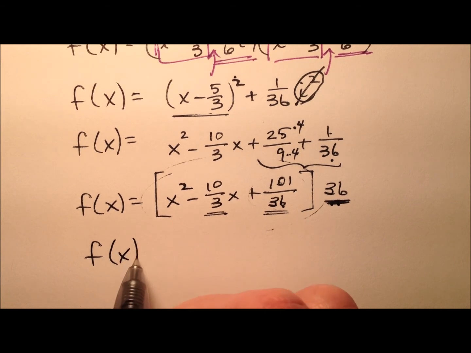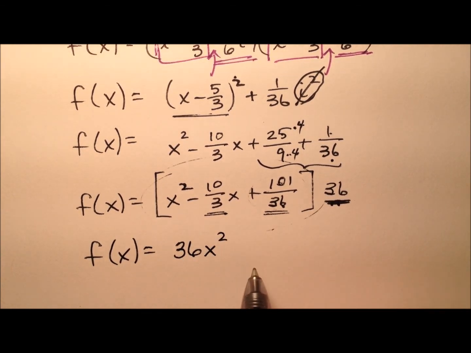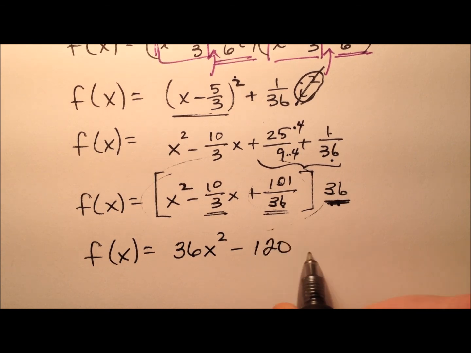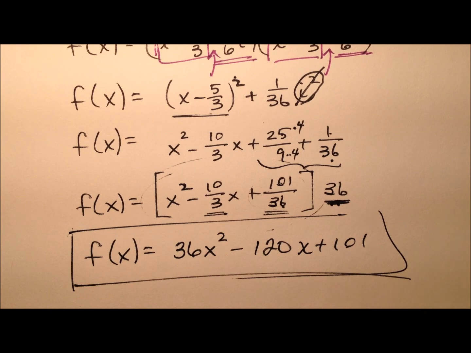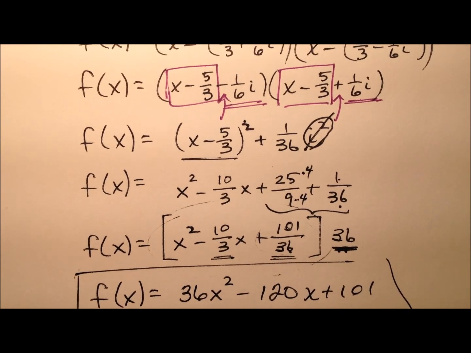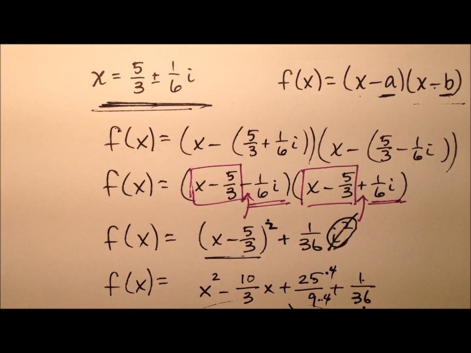So f of x, which is my final function, ends up being 36x squared minus 120x plus 101. So right here will be our really nice quadratic function that if you were to solve that, you would get these two complex roots.